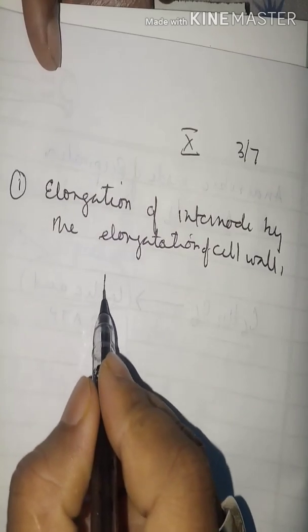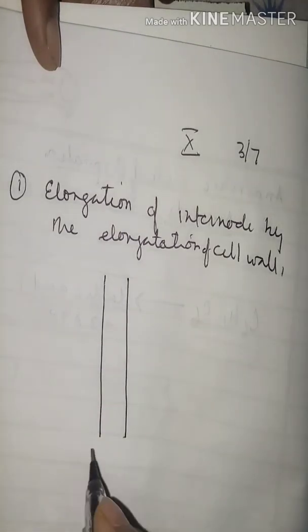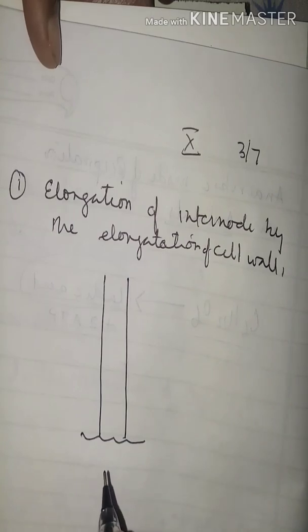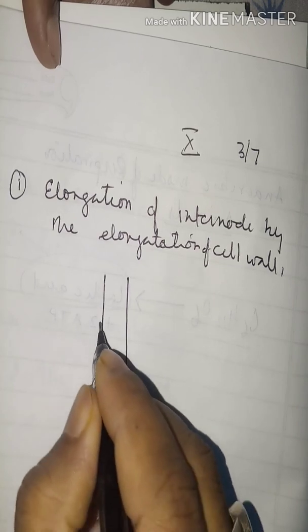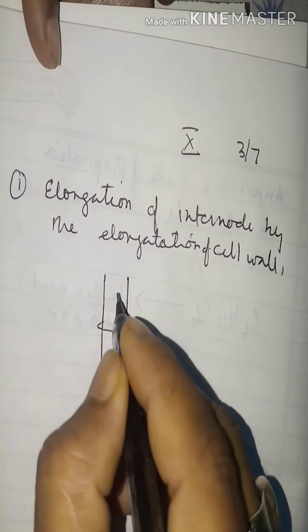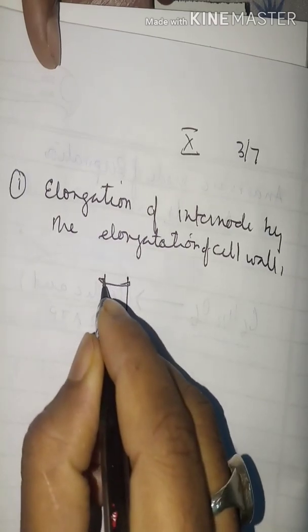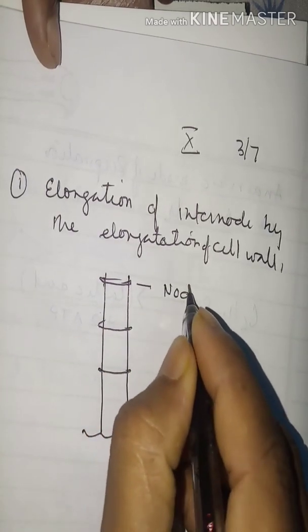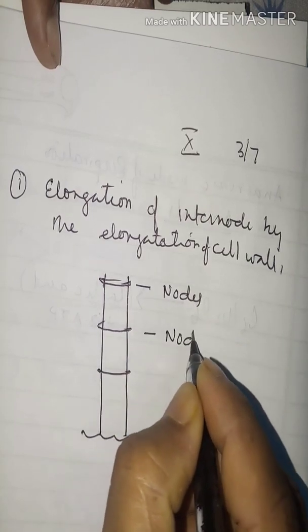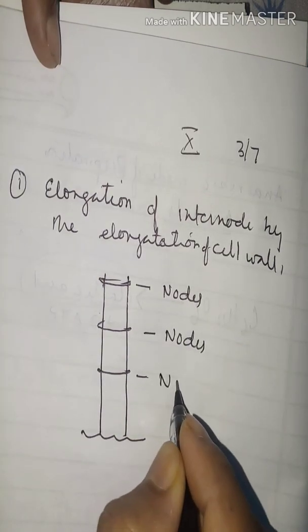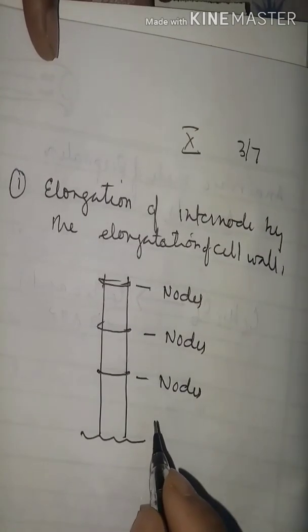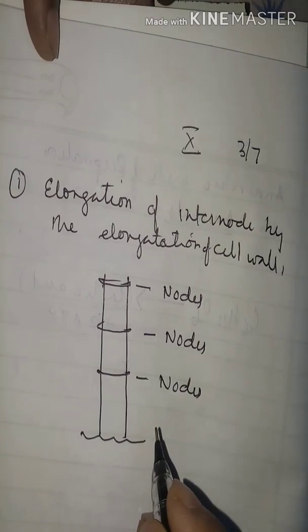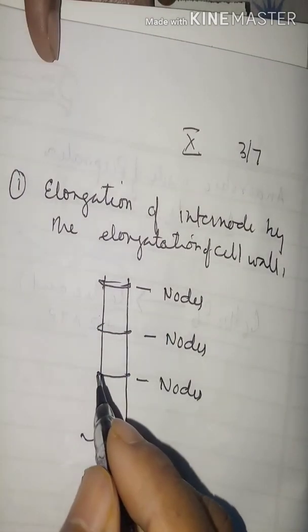Here this is a plant, especially bamboo, sugarcane, etc. These are the nodes, and nodes are the regions where lateral branches or leaves grow.